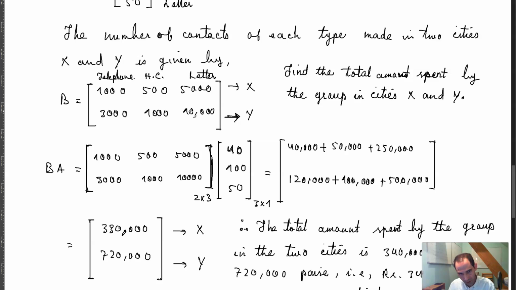So you need to write them in such a way that you get the quantity that you're looking for. Otherwise, it doesn't really matter how you write them, as long as you stick to the rules of matrix multiplication.